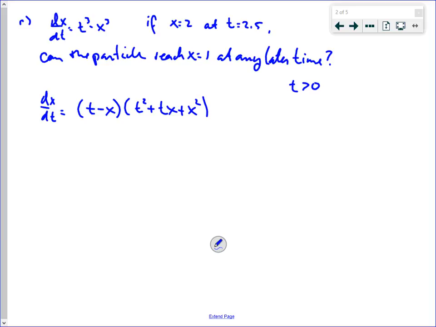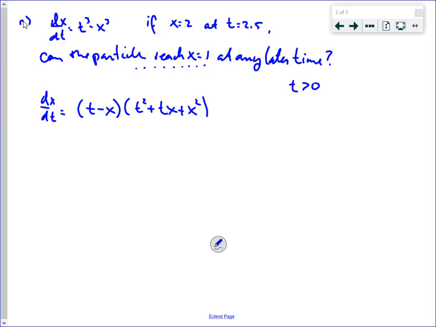And we need to figure out, in order, if this point was going to go back to x equals 1, since it's at x equals 2 now, to reach x equals 1, dt is going to have to be negative, so we're going backwards. Okay.